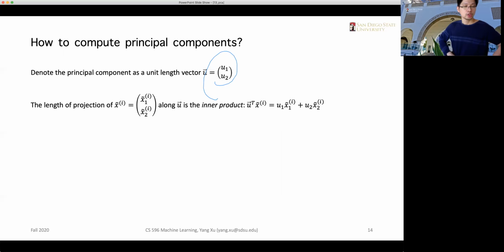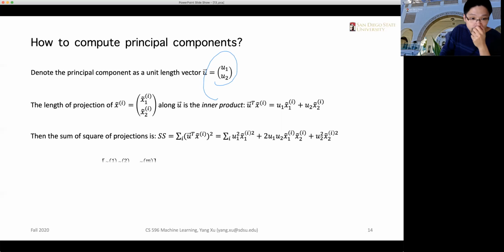Now, given the data points x1 and x2 tilde, we can use the inner product to compute the length of projection. We use the inner product between u and xi. Because it is the summation of squares that we want to maximize, we need to square that inner product, which results in a summation of a bunch of quadratic terms.